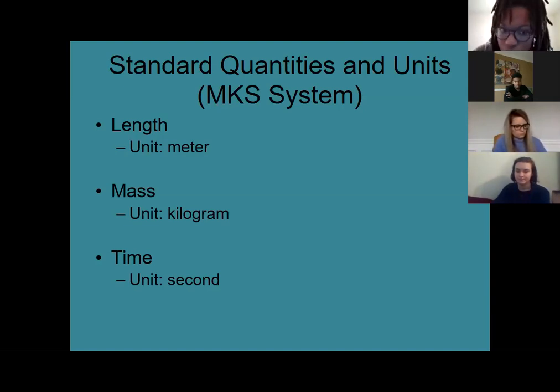So you couldn't express a distance or a length in meters and a mass in pounds and a time in hours and be able to work that problem. You have to convert to the same system of units. Okay? So it's really important. That's why we have the chart to sort of keep you in line.